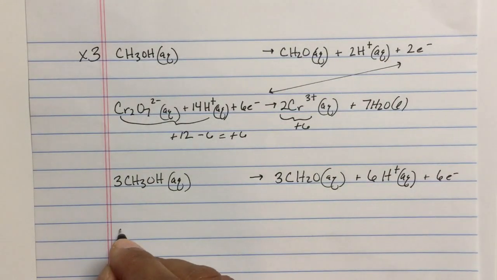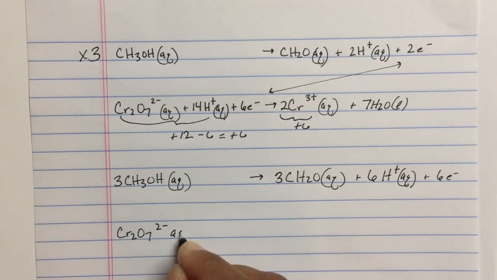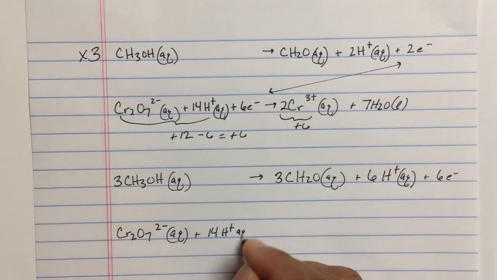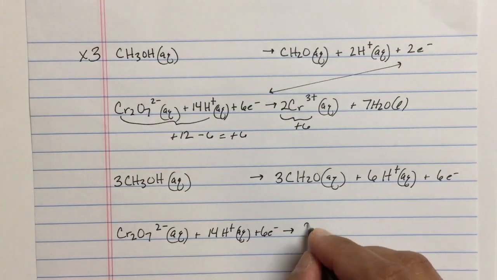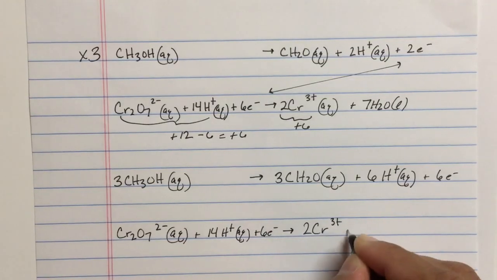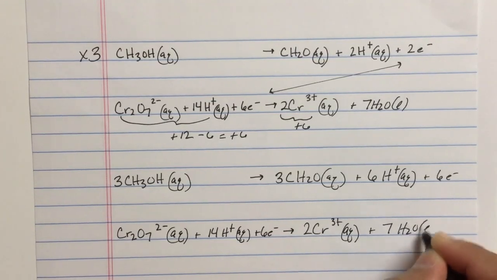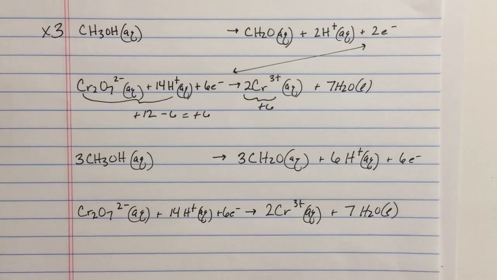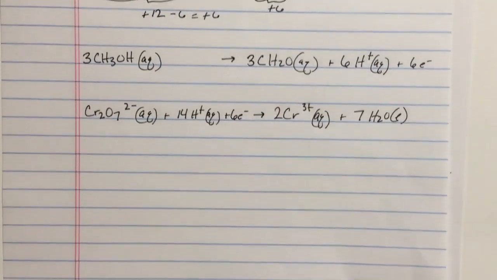And down here we'll have the dichromate, 14 hydrogen, 6 electrons, 2 chromium, and 7 water. Whoops, sorry about that. Got everything in the picture now. Okay, so let me pick that up, that way we don't get confused.